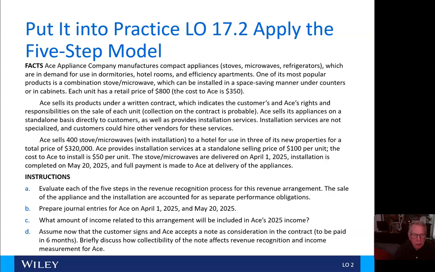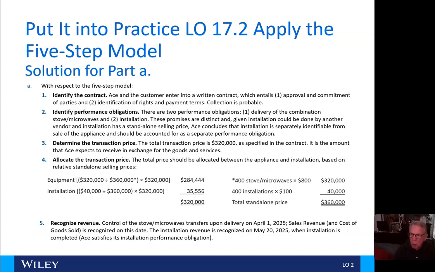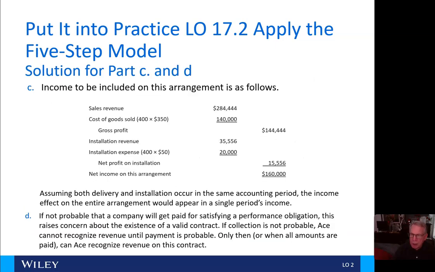Okay, then if we look under Delta here, assume now that the customer signs and ACE accepts a note as consideration in the contract to be paid in 6 months. Briefly discuss how collectability of the note affects revenue recognition and income measurement for ACE. Well, for Delta here, if it's not probable that the company will get paid for satisfying a performance obligation, this raises concern about the existence of a valid contract, naturally.